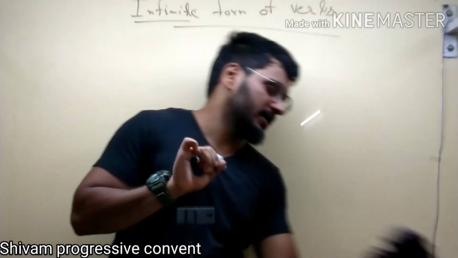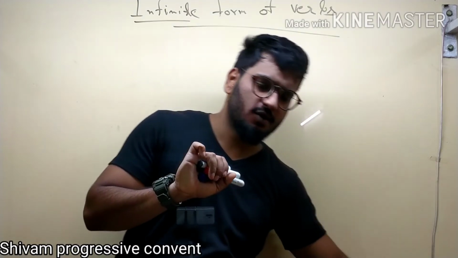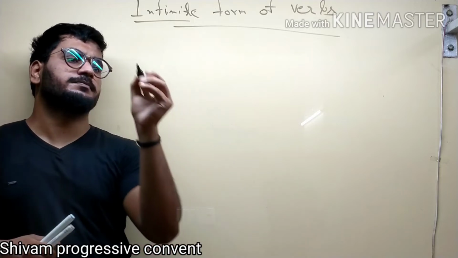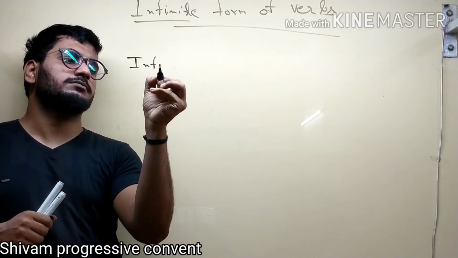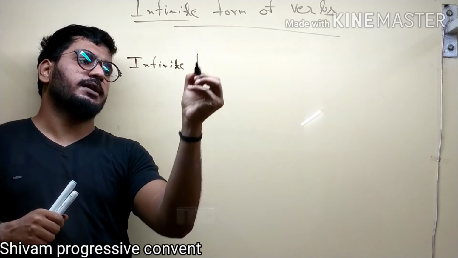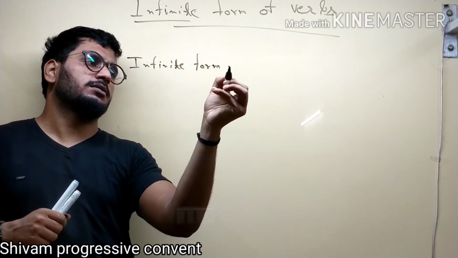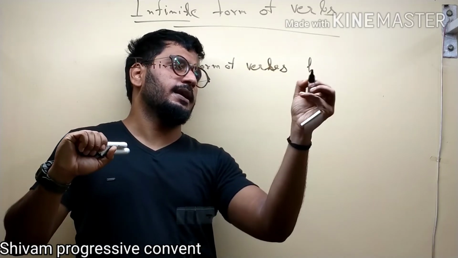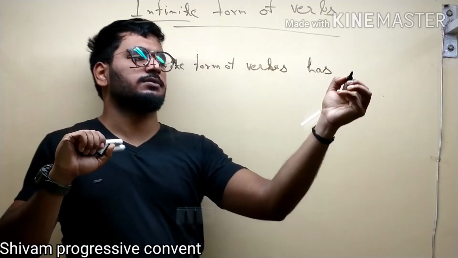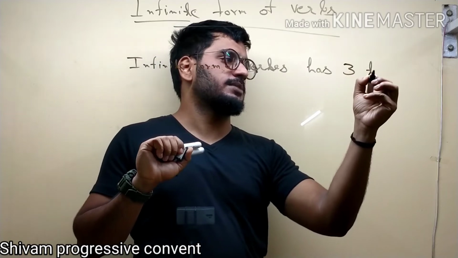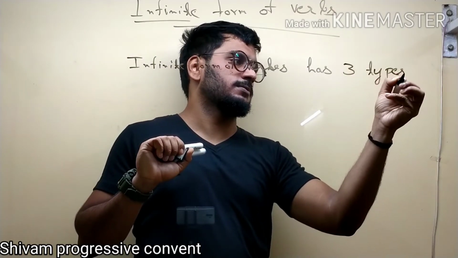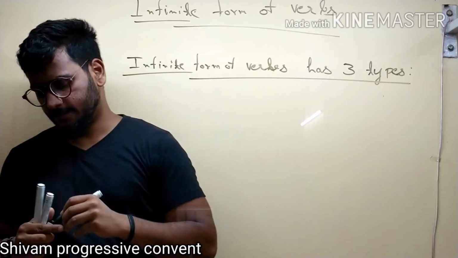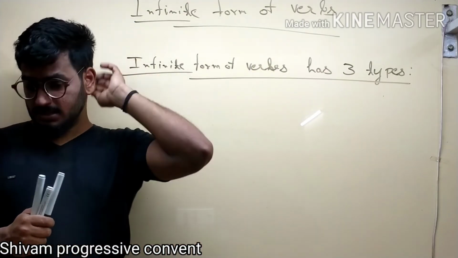So our chapter is about infinite form of verb. So you must know infinite form of verb. Infinite form of verb has three types. What are those three types?